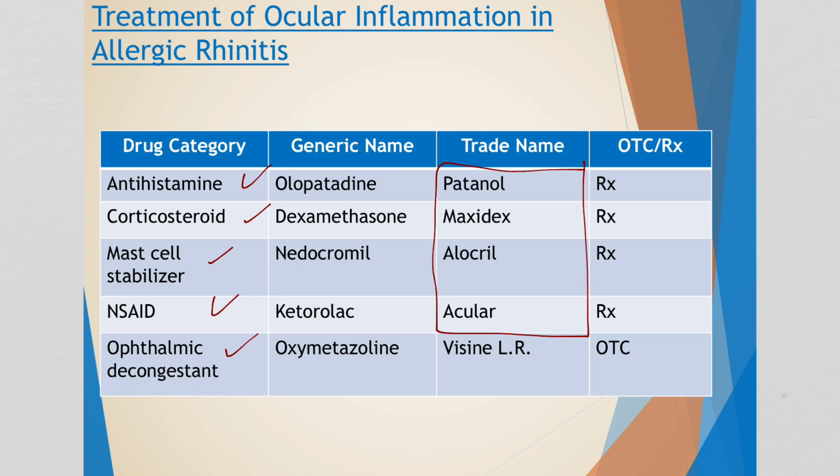Your mast cell stabilizer is going to bind to the mast cells within the eye and prevent the release of histamine. Your NSAIDs are going to work in the cyclooxygenase pathway. Your ophthalmic decongestant is a little bit different. What's it going to do? It's going to stimulate those alpha adrenergic receptors to cause vasoconstriction within the eye, and that's where we see less fluid coming from the eye. So you can apply all of these concepts to any of the drugs that we're talking about.